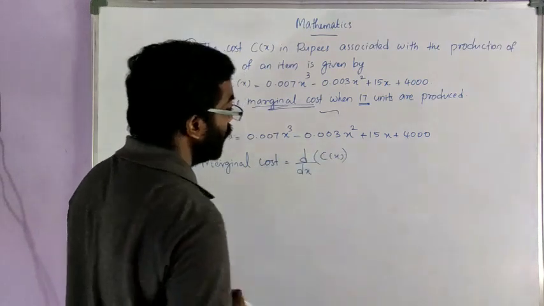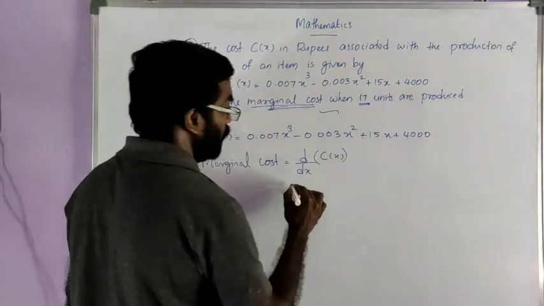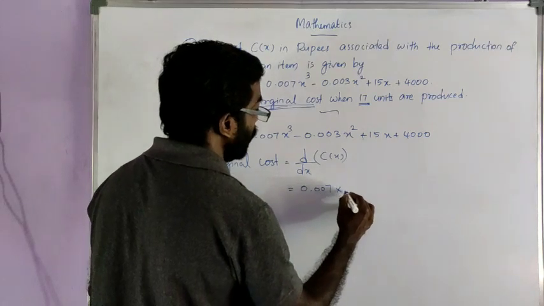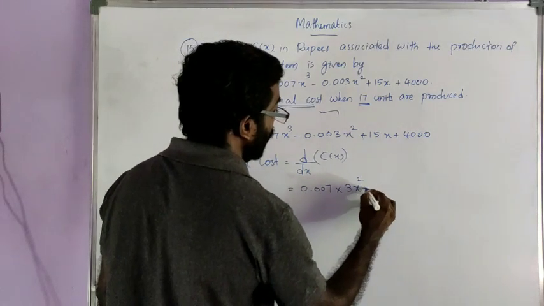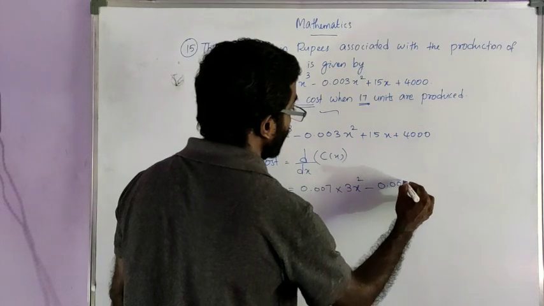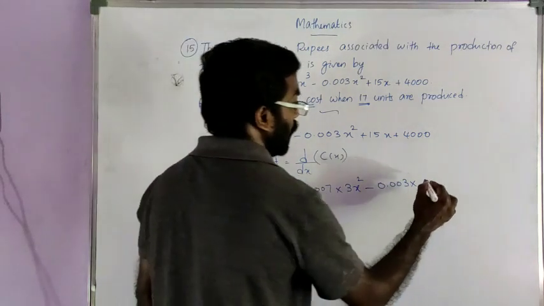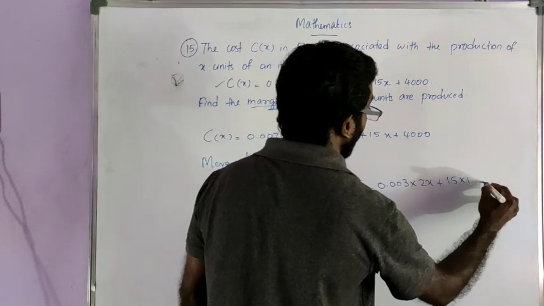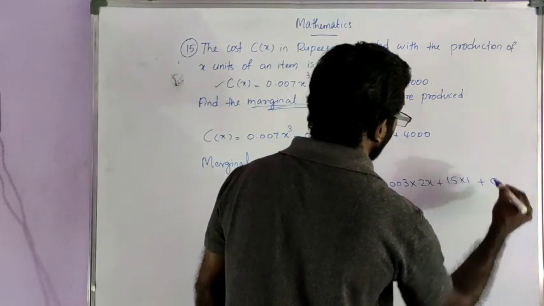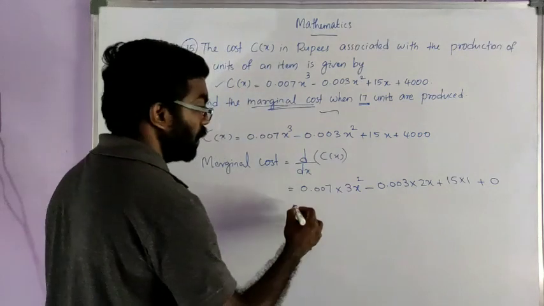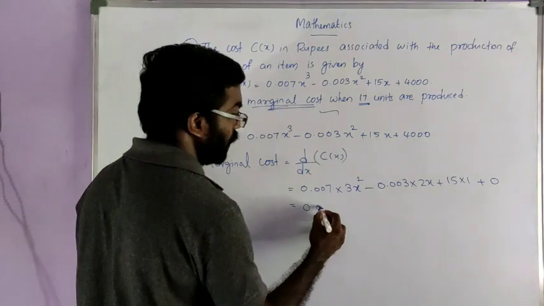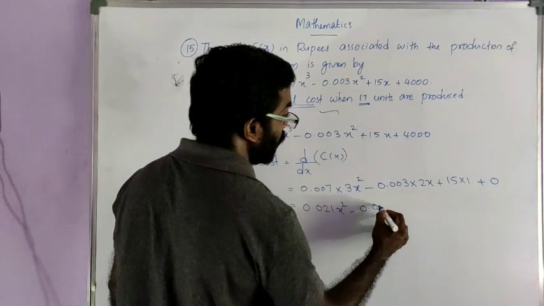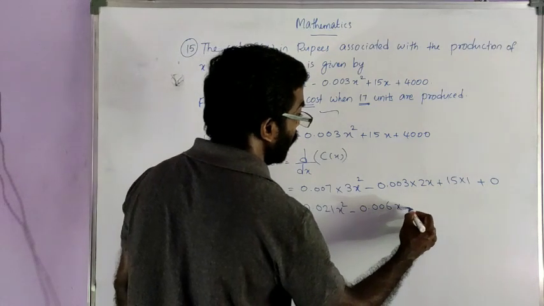Okay, the derivative of the total cost function, that will be equal to 0.007 into x cube derivative 3x square, then minus 0.003 into x square derivative 2x, then plus 15 into x derivative 1, and 4000 is a constant and derivative is 0. Okay, that is 0.021 x square, then minus 0.006x plus 15.